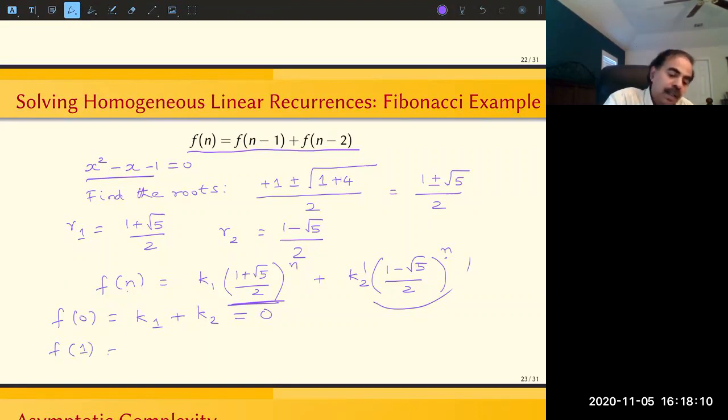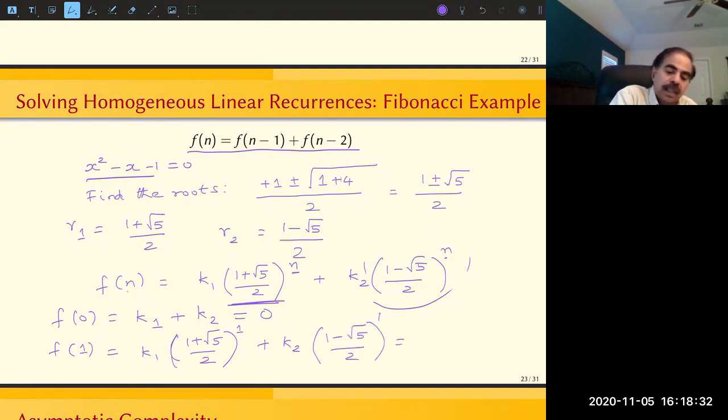So f1 is k1 times 1 plus square root 5 by 2, because we are setting n equal to 1, plus k2 times 1 minus square root 5 by 2, whole power 1.